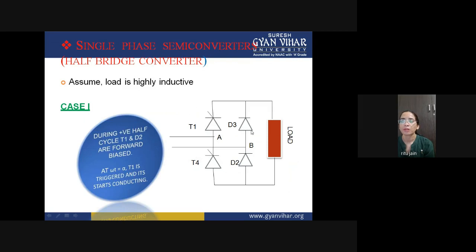Now you want T1 to be in forward conduction mode.